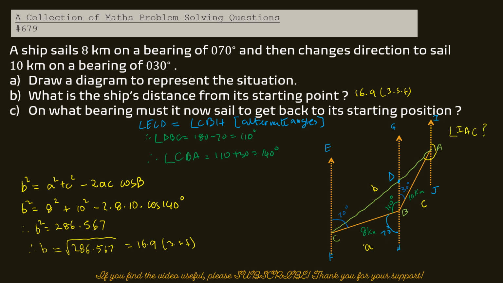So this is 180 degrees, IAJ is 180 degrees. Then angle BAJ, you see, would be 30 degrees.